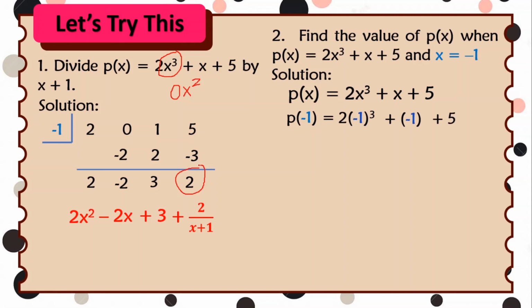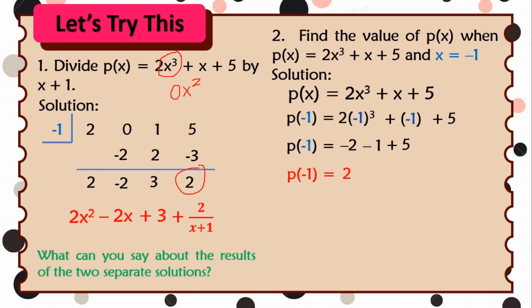Let's evaluate each term. Negative 1 raised to 3 is negative 1, times 2, that is negative 2. Then we have plus negative 1, just simply write negative 1, plus 5. Solve. Negative 2 minus 1 is negative 3, plus 5, that is positive 2.